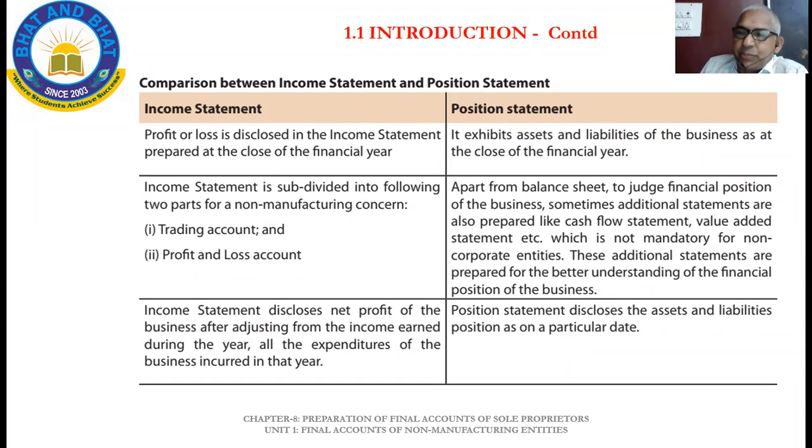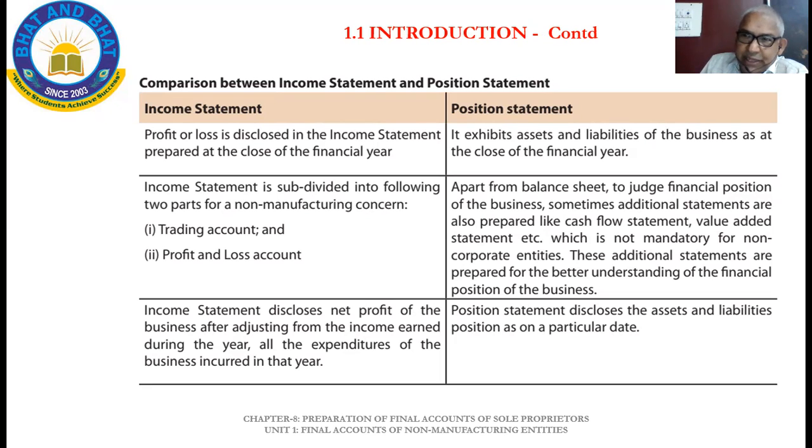Like that in balance sheet, if any outstanding expenses are there, it is not yet paid for this year, that is a liability which will be shown on the liability side. Suppose salary for the March month is not paid because of some reasons. Then at the end of March, that is 12 months period, this March month's salary is due but not yet paid.